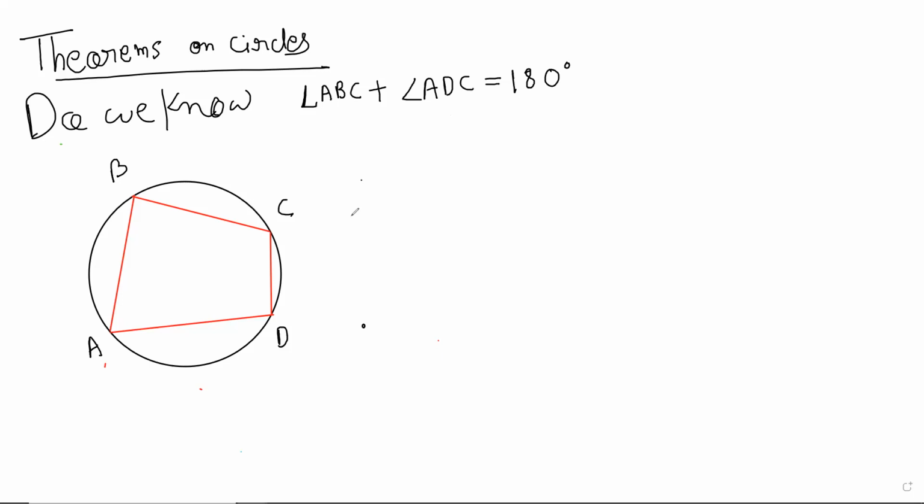Sir, if we connect the center to A and C, and we use the same property we just proved, then the obtuse angle AOC will be equal to 2 times CDA, and the reflex one will be 2 times ADC, and the obtuse one will be 2 times ABC.